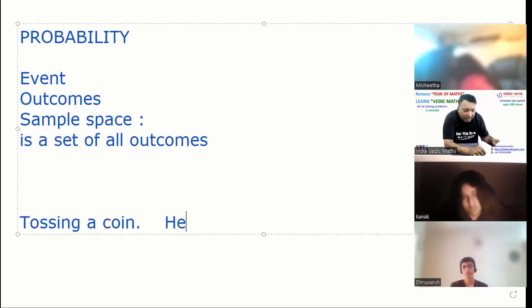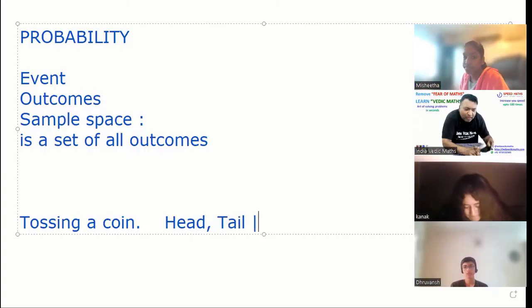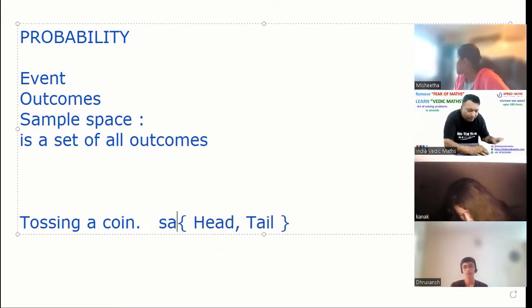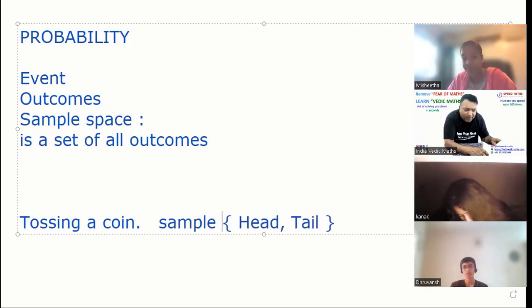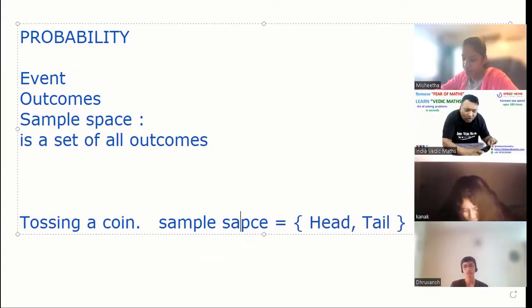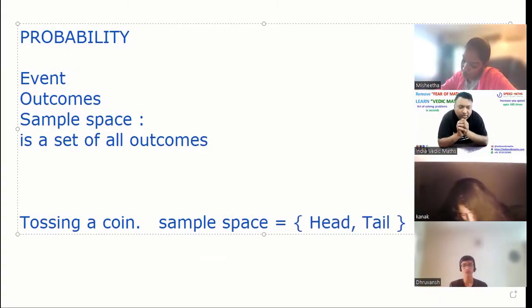Outcomes are head or tail. When you write all the outcomes into a set, this becomes your sample space. Sample space is the set of all the outcomes.